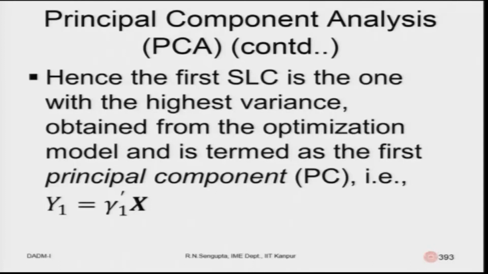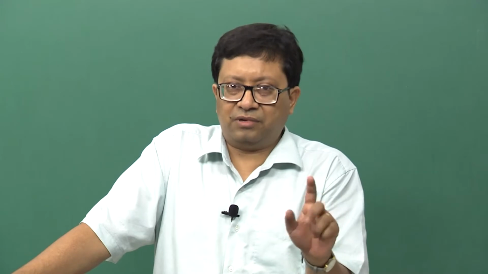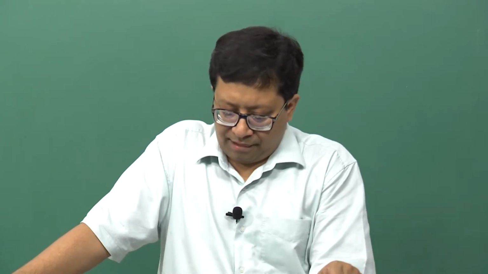Hence, the standard form is that the highest variance obtained from the optimization model is termed the first principal component, then we have the second principal component, and likewise we break them down stage by stage in order to understand them better.